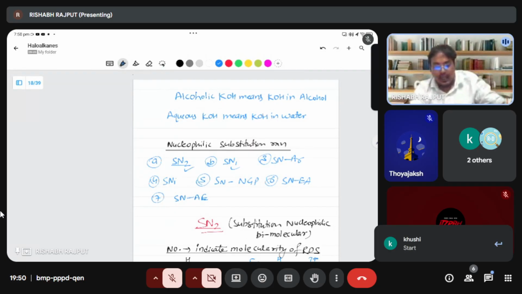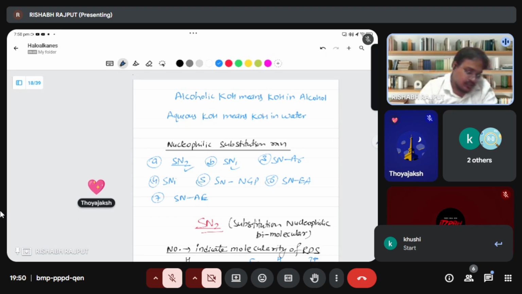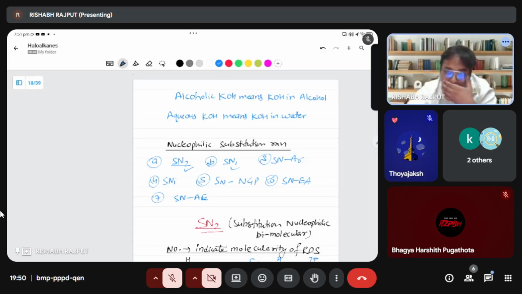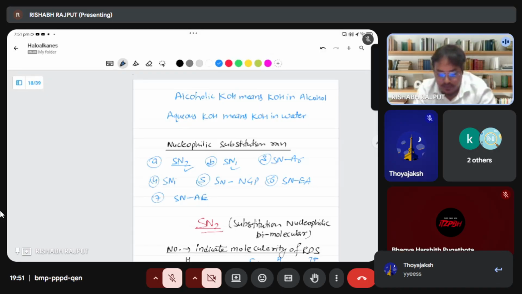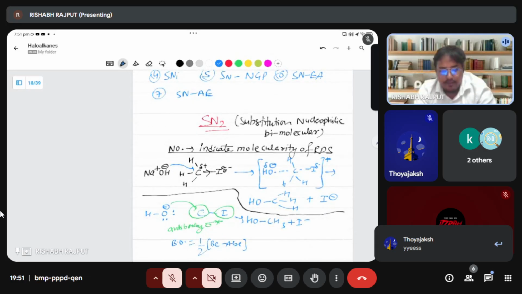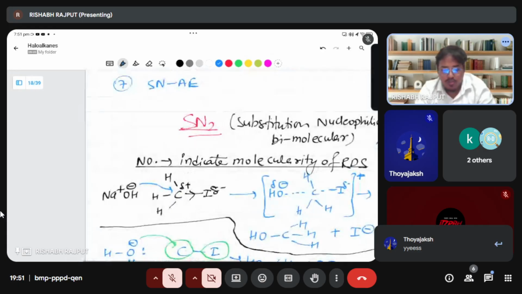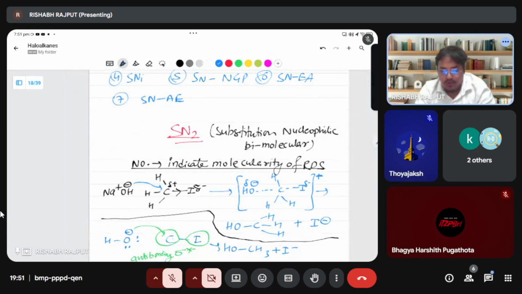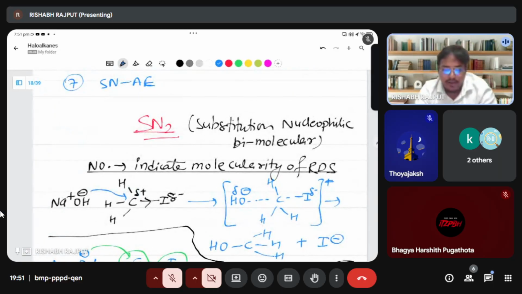Just one second. So I'm starting. First I'm starting the SN2 mechanism. SN2 means substitution nucleophilic bimolecular.